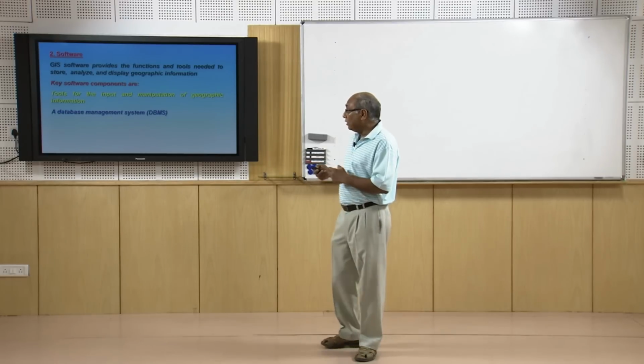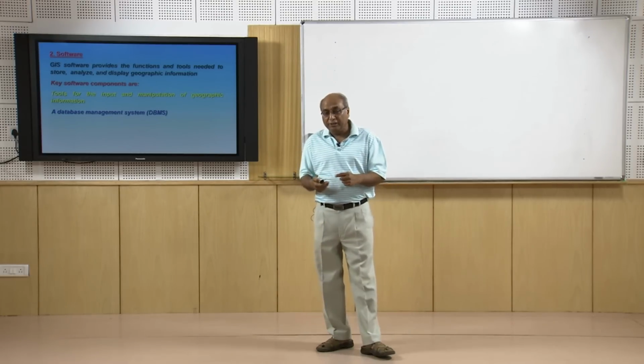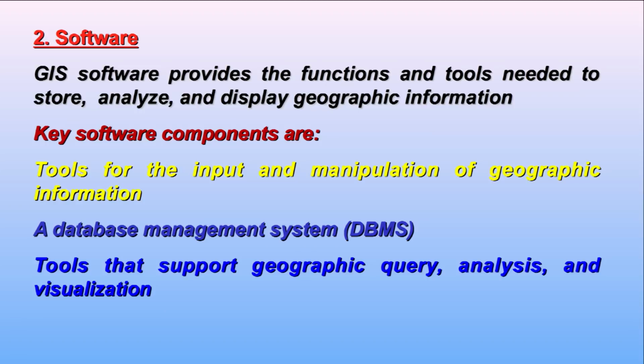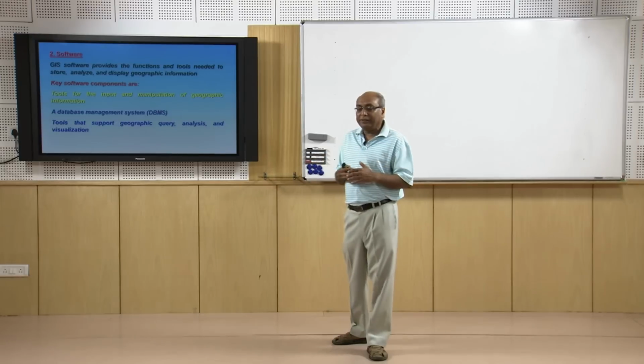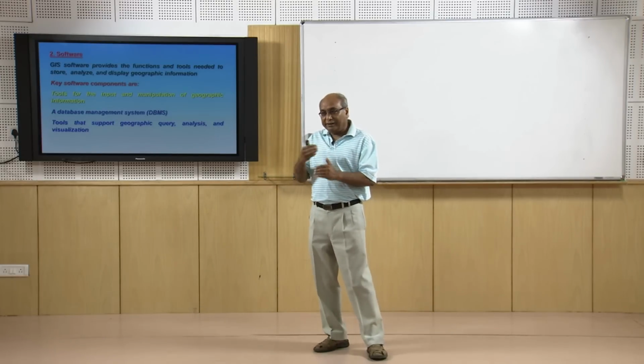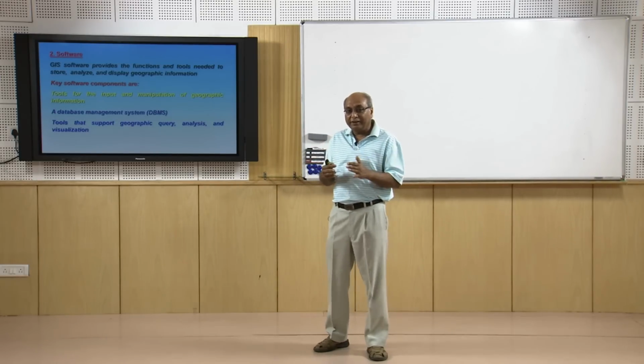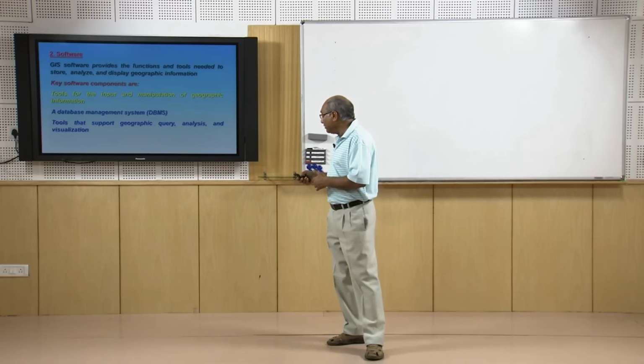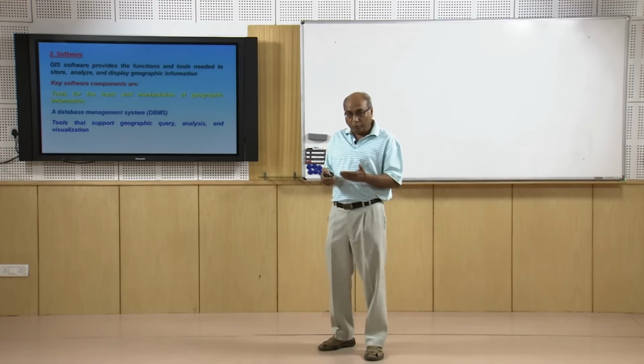Then another key component within the software is the database. So a good GIS software should support a very good database management system. Third is the tools to support geographic query, because the ultimate aim after developing this database, bringing the data inside, and organizing the data in an efficient manner, is the query, analysis and visualization, output which you are looking for.